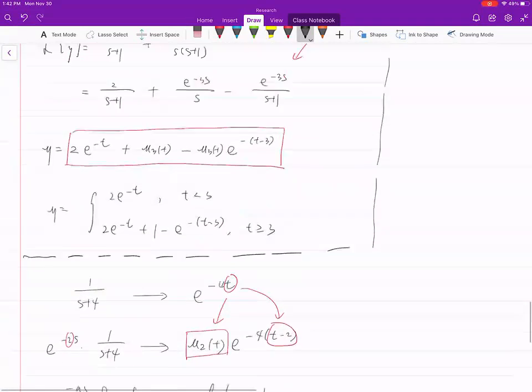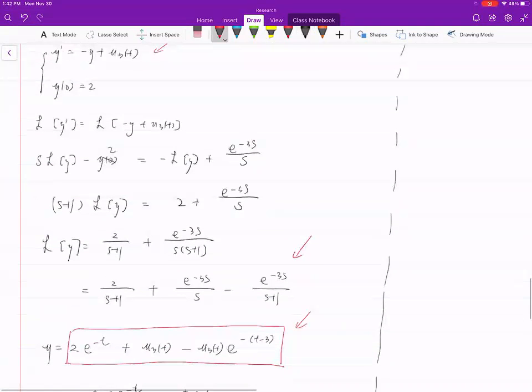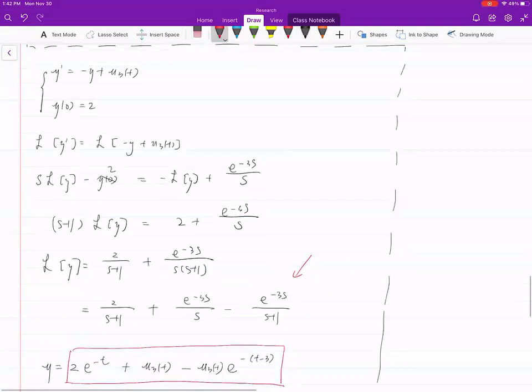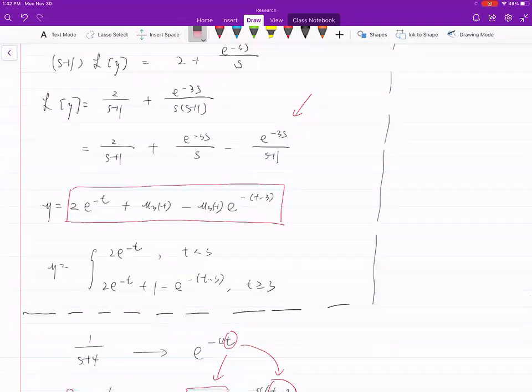So if you have a delayed differential equation, of course, you have a delayed solution. If you activate the force at time 2 instead of 3, then you will have the effect of the force, which is this part, at 3. It's the same thing.